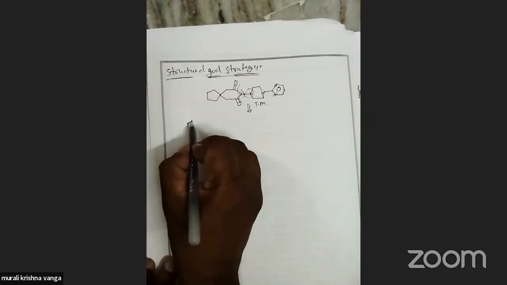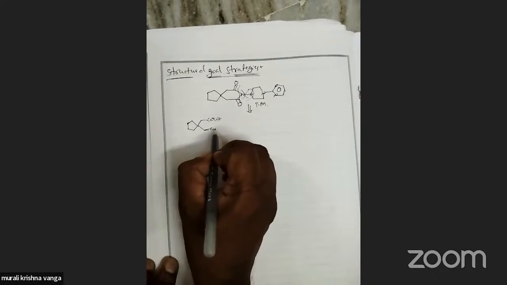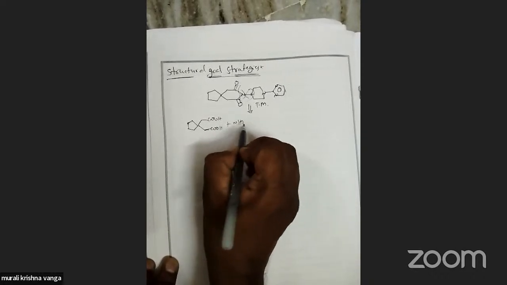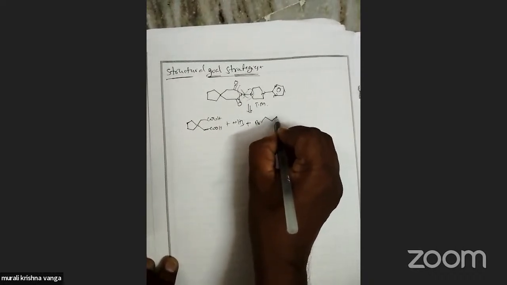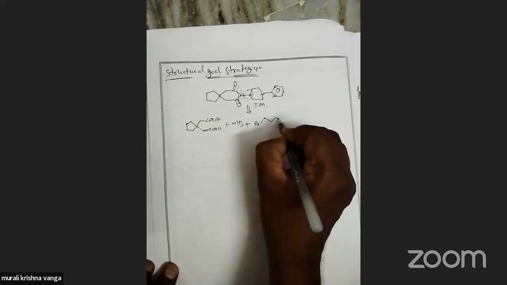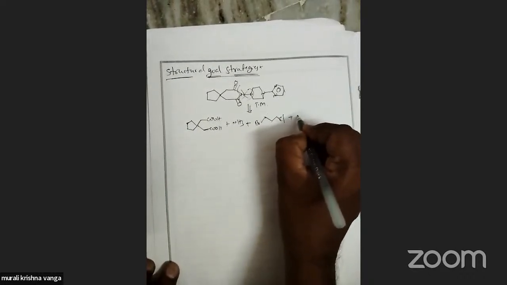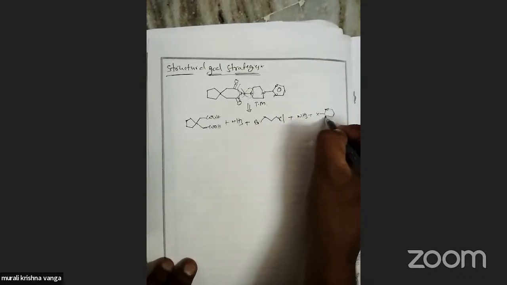So the products are ammonia, chlorine plus ammonia plus halogen, nitrogen.